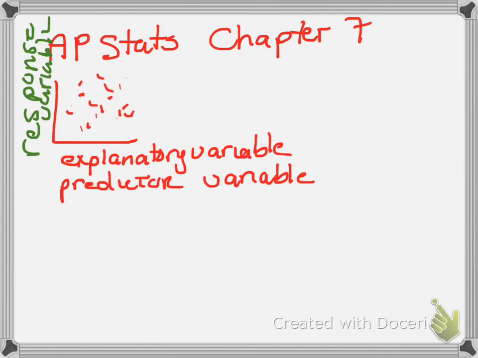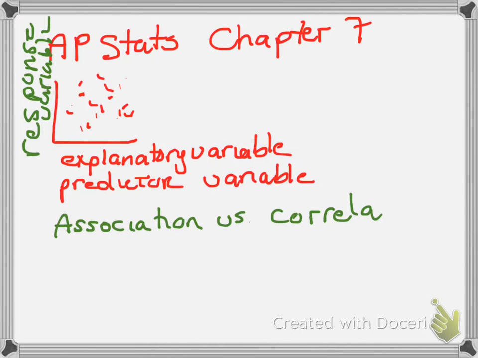Okay, so I want to differentiate two words, and they are association versus correlation. Both of them kind of talk about how the two axes correspond with each other. Association is a vague use.